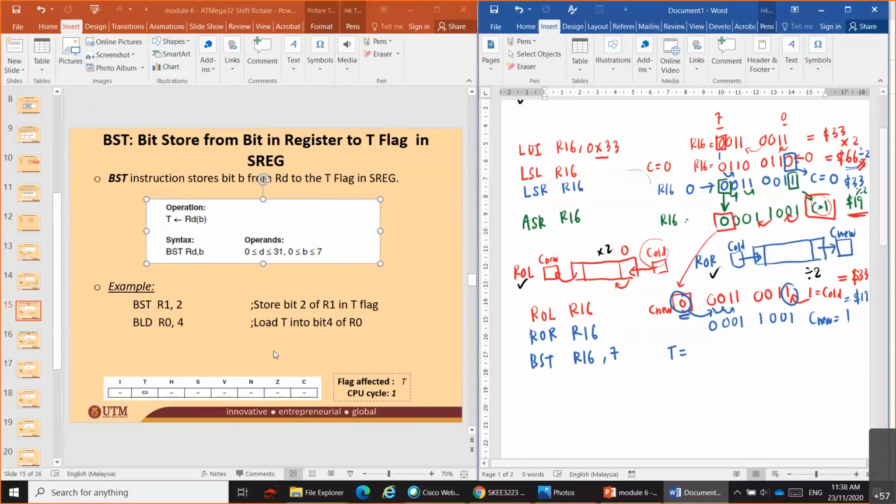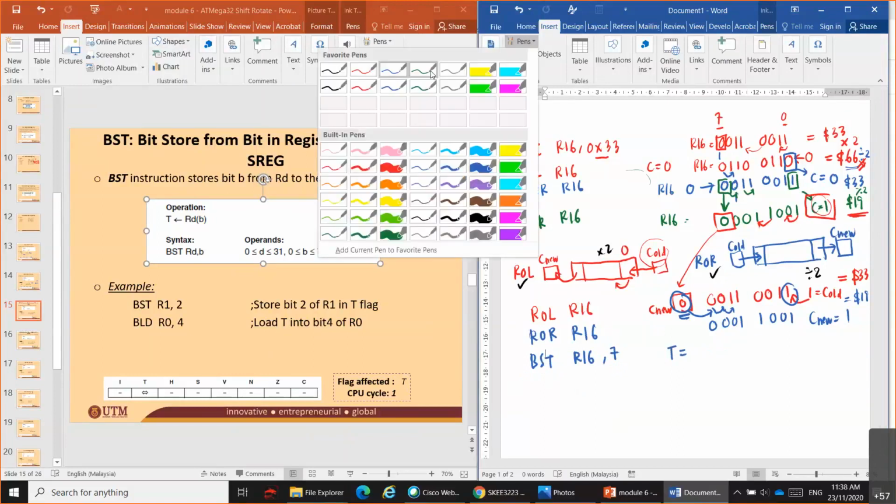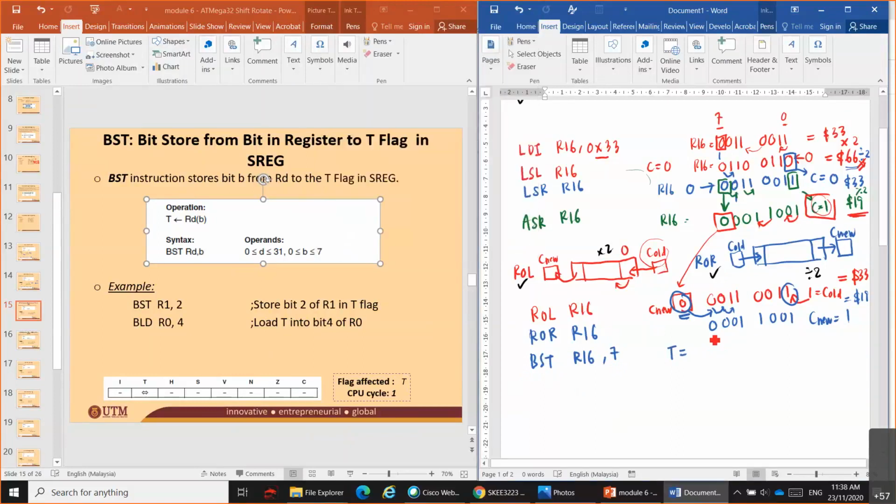This is my current R16 value: 0001 1001. So what you do is go to bit 7. This is your bit 7. Take this value and put it in your T flag. So your T becomes 0.